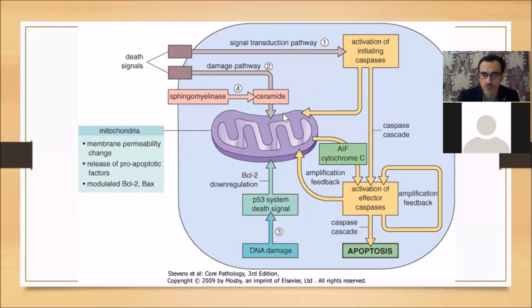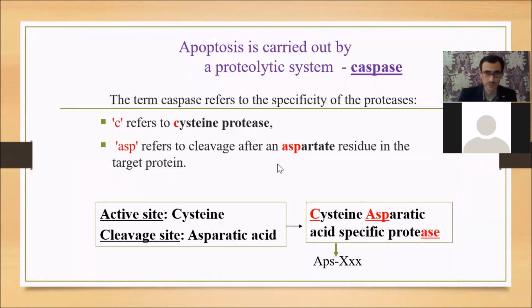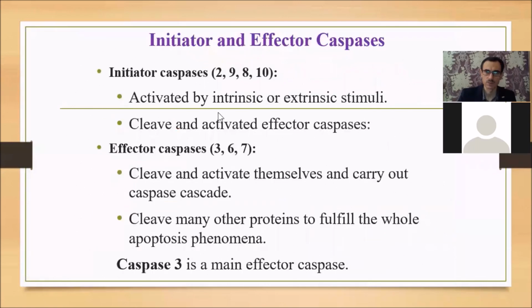All of these processes result from the activation of special enzymes known as caspases. The caspases trigger apoptosis. What does caspase mean? Caspase means cysteine aspartic acid specific proteases that function during apoptosis.